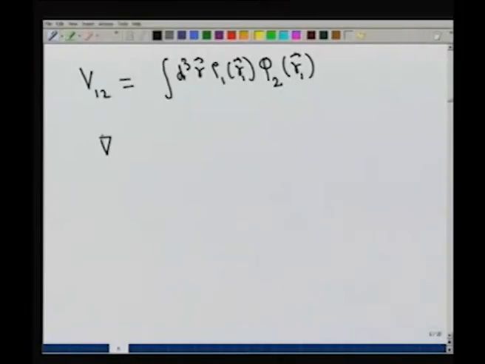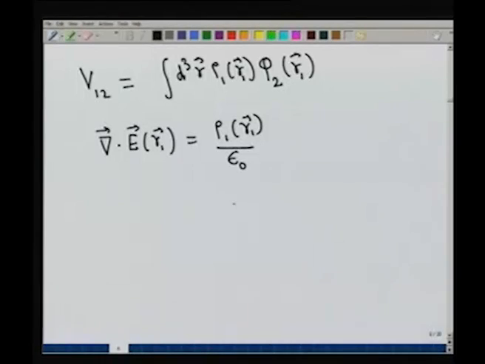The answer to that is very, very simple because I know that by Gauss's law, divergence E of r1, obviously the derivative is with respect to r1, is nothing but rho 1 of r1 divided by epsilon naught. This is my Gauss's law. That is how I started the discussion of the whole subject.